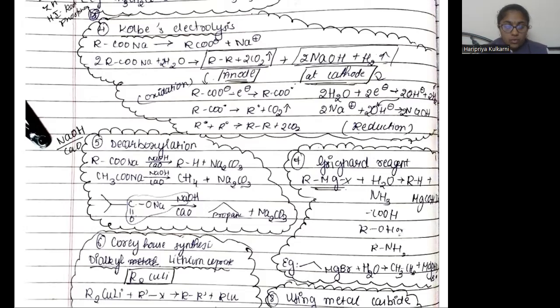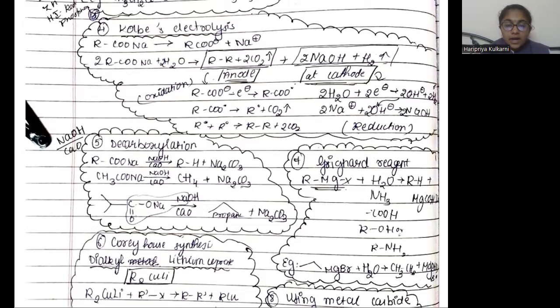Now at the anode, what happens? Oxidation takes place. Oxidation involves losing of electrons, right? So RCOO minus will lose 1 electron and become RCOO radical. That small dot is known as a radical. So the RCOO radical will form CO2 in gaseous form, and an R radical, that is our alkyl radical.